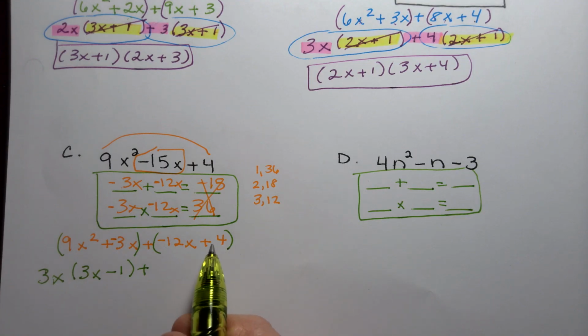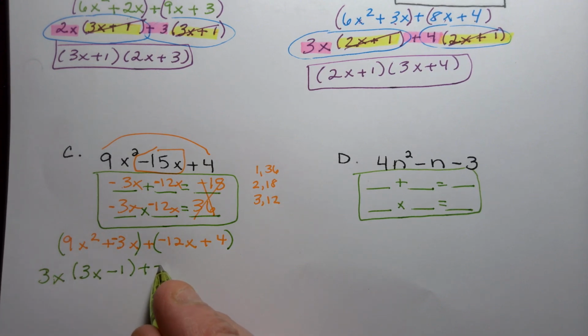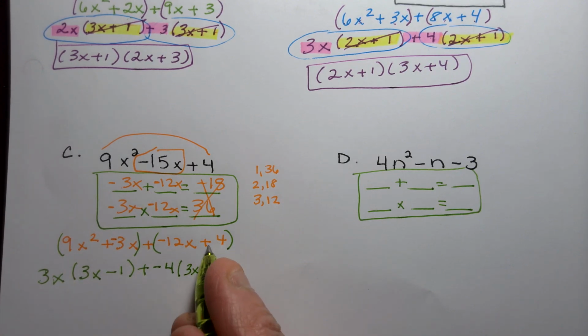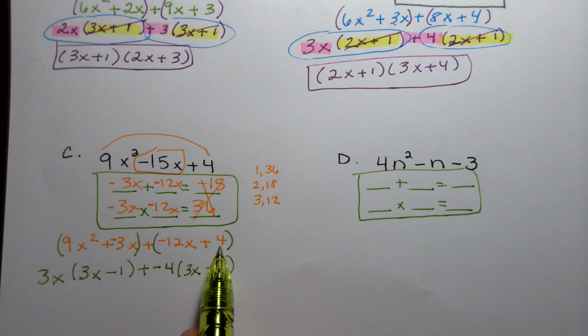So I'm going to take out the negative here because I notice that this is supposed to be a positive. So if I take out a negative 4, what do you have left here? 3x. And if this was a positive, I'm going to end up with a negative 1 there. I'm dividing it by a negative 4. 4 divided by a negative 4 is a negative 1.